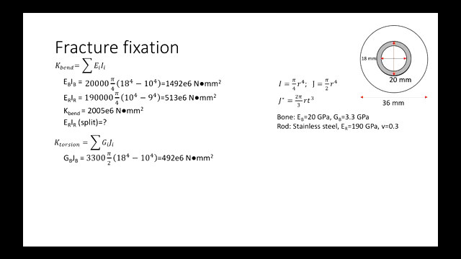I only gave the modulus, but you calculate shear modulus from that formula there, the modulus divided by, use this with the Poisson's ratio. So you can calculate shear modulus if you have its elastic modulus.